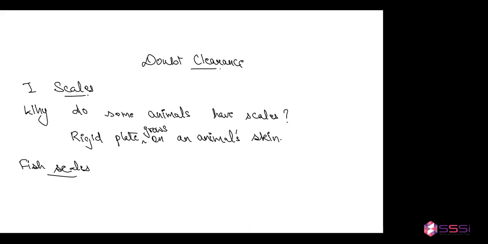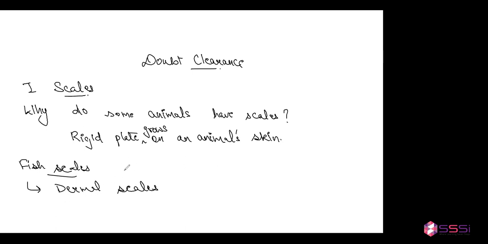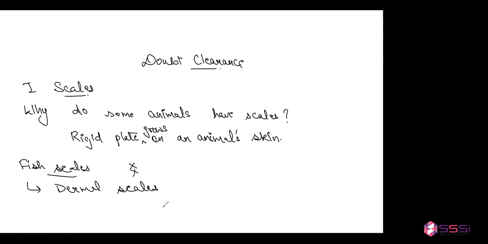Fish scales. So fish have dermal scales. The scales on the fish body are dermal. Ma'am, what is dermal? Dermal is a type of skin. There are different layers of skin.